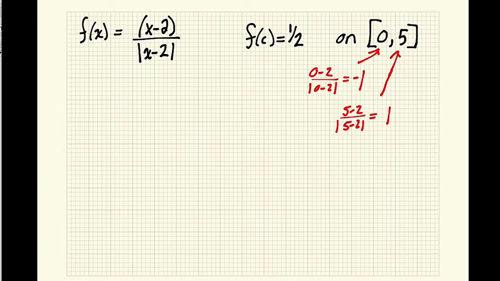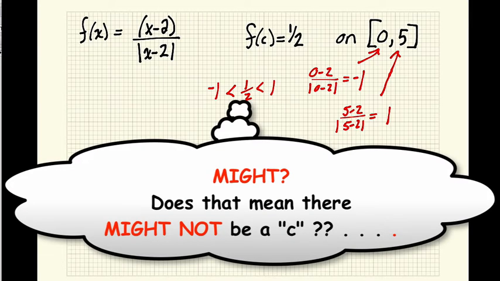so it gives you positive 1. So the value that we're interested in, 1/2, is less than the value at the right-hand side of the interval, and it's greater than the value at the left-hand side of the interval, which might lead you to believe there is a c that's going to work here.